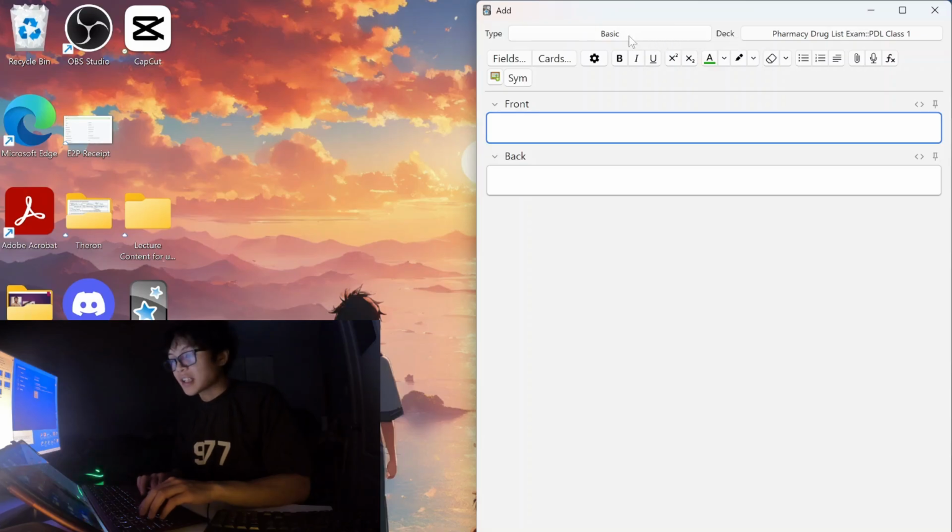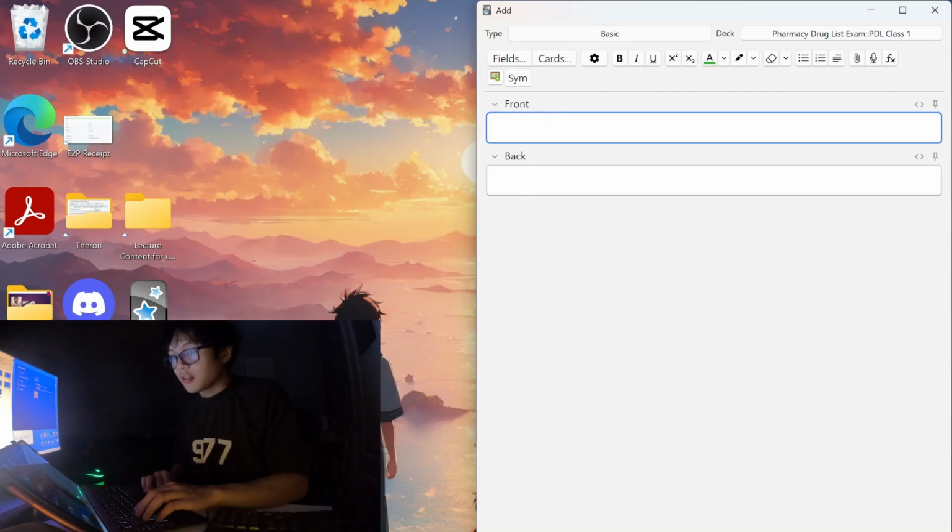This box here indicates which deck the flashcard will be saved to. So in this case, the flashcard I'm about to make will be saved in the Pharmacy Drug List exam PDL class 1 subdeck.